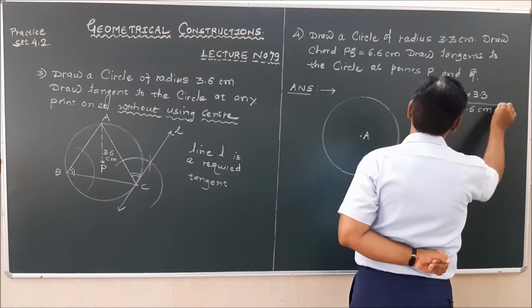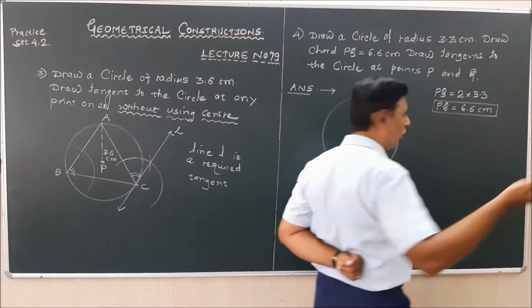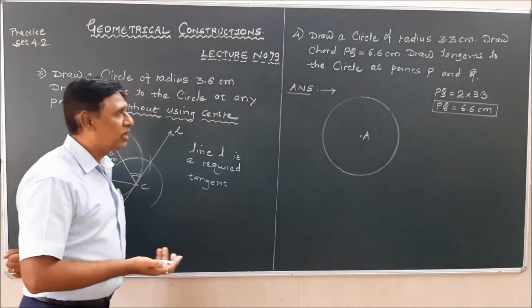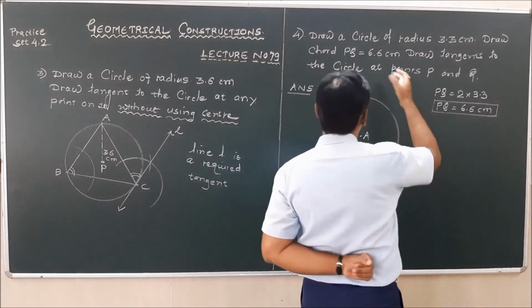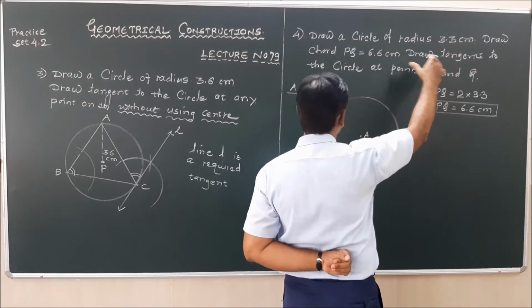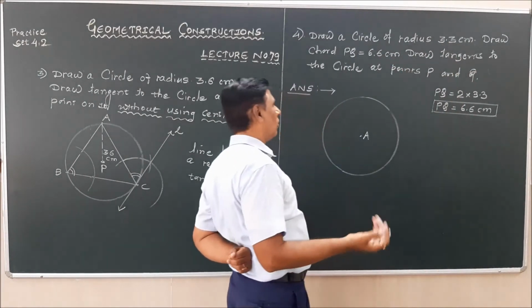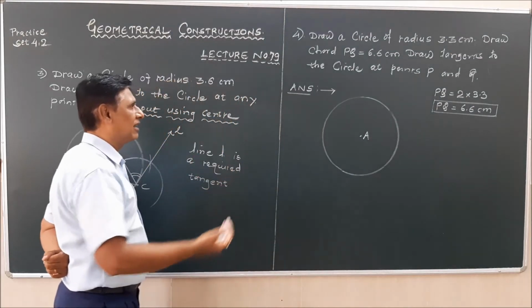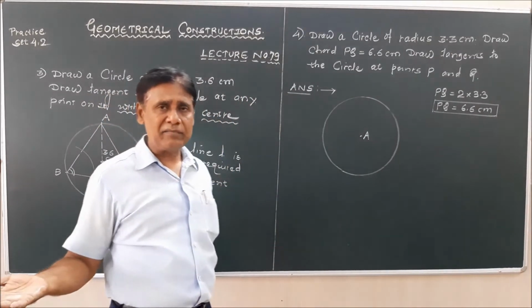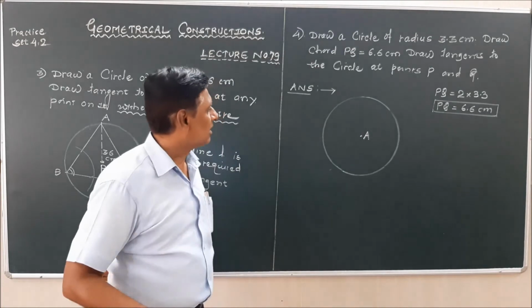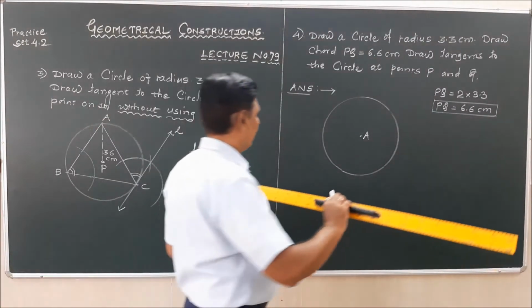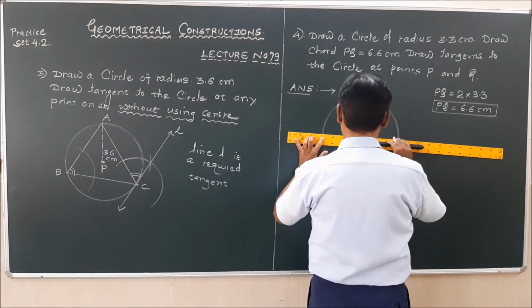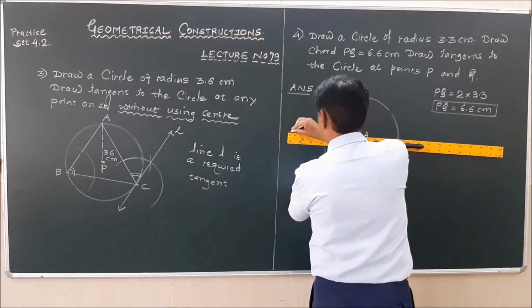If PQ is twice the radius, obviously PQ becomes the diameter. Very simple. You will find the radius is 3.3 while PQ is a chord, and the length of the chord is twice that of the radius. It's the diameter. So a diameter always passes through the center. Okay, fine. So I'm going to draw a diameter over here.